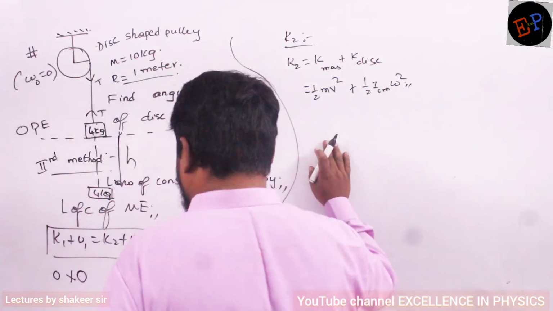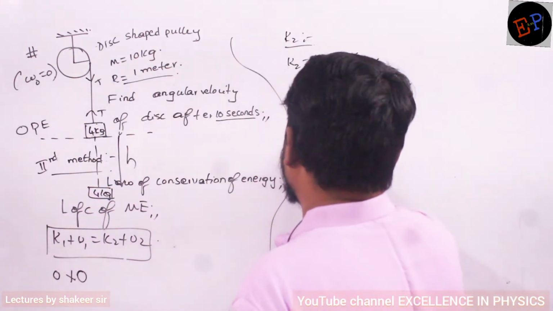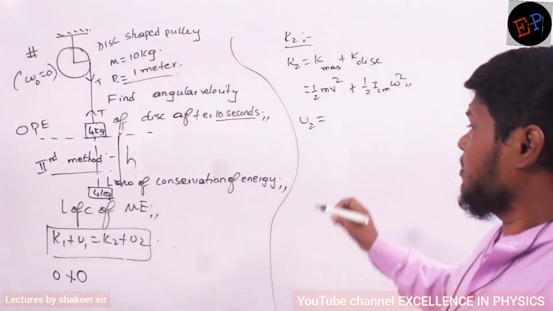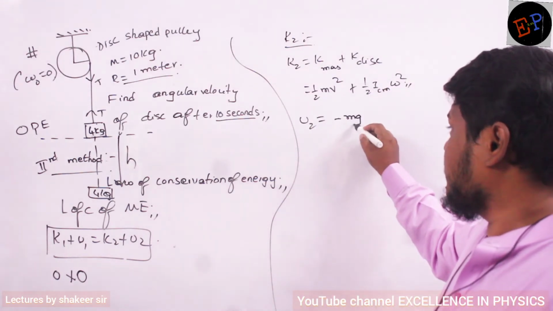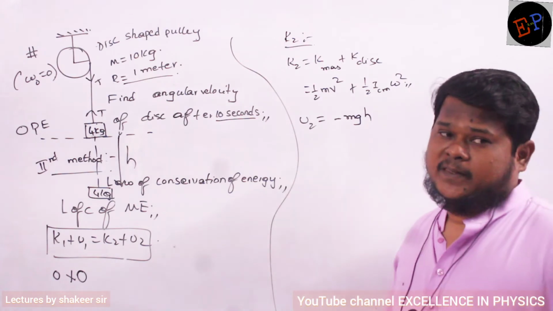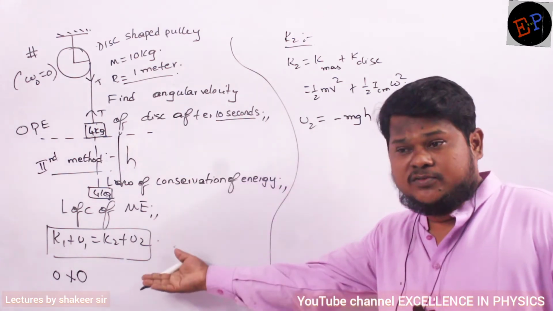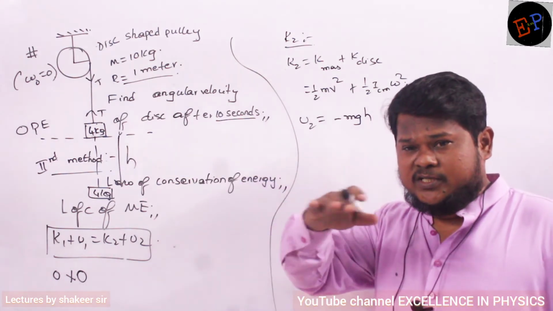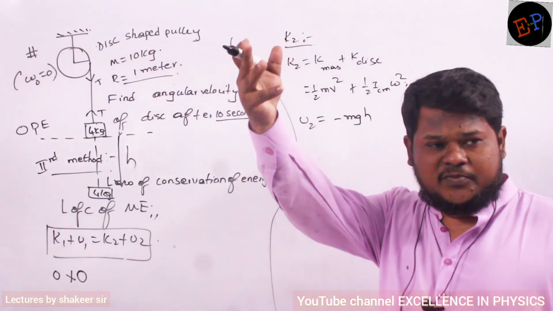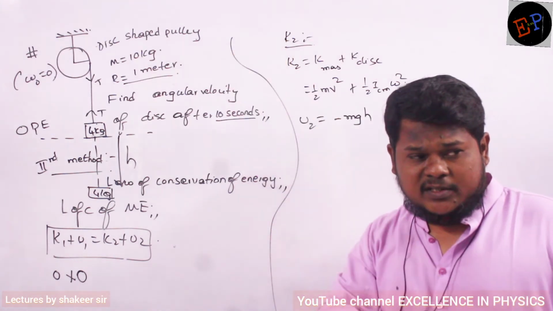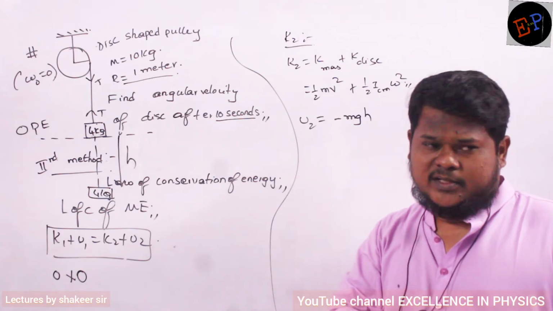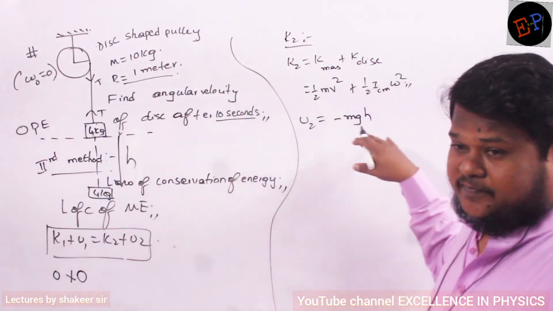So therefore, final potential energy will be how much? Minus mgh. Very good. Why minus mgh? It has reached a negative distance, no? So zero potential energy reference is there. Above that reference, potential energy is positive. Below that reference, potential energy will be negative. So minus mgh. Clear, no?